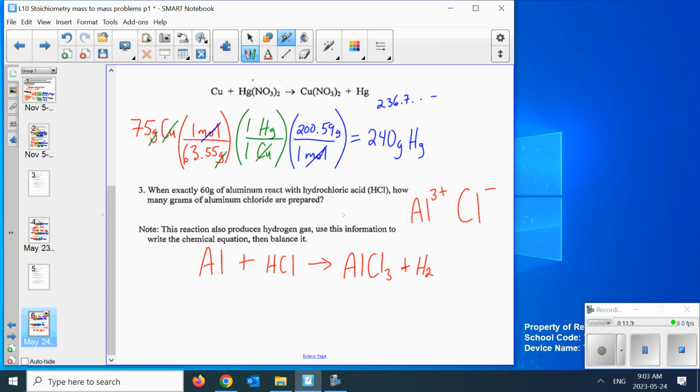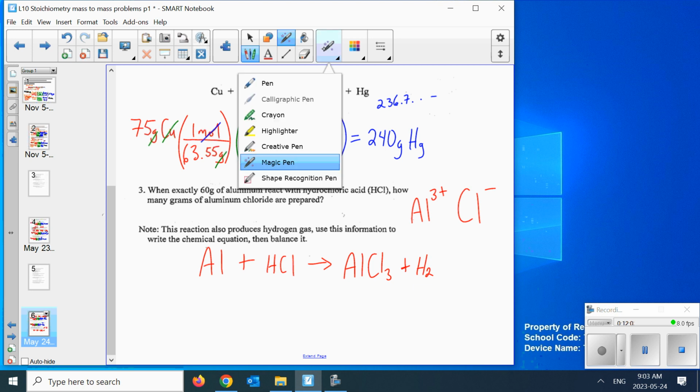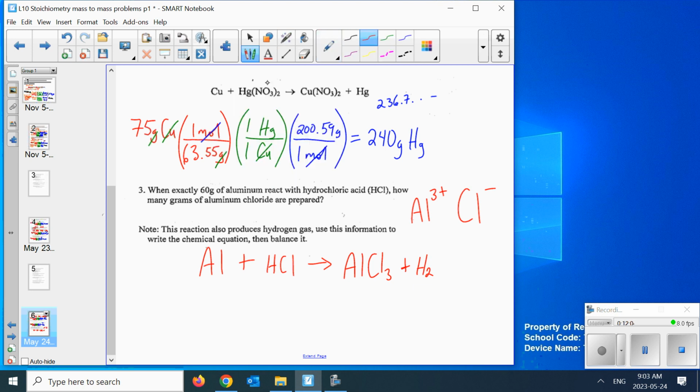So I'm going to quickly do this here. I see Cl3. I'll put 3 here, then odd number, even number, that's not going to work. So in the other compound, I've got a 3 and a 2, and I need to get to the same number. Like adding 1/2 plus 1/3, I need a common denominator of 6. I need to put 6 here. And then I say 2 of these, 3 of these.